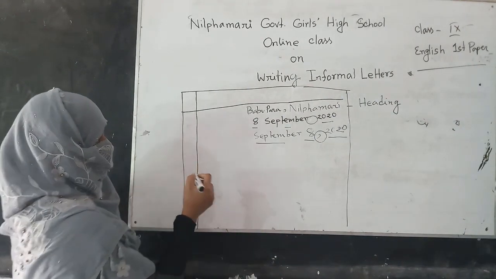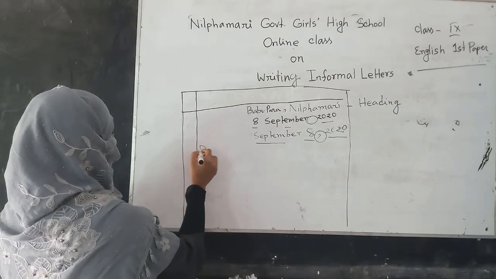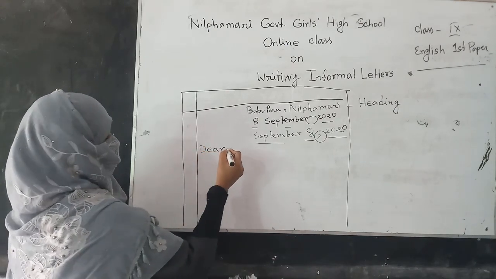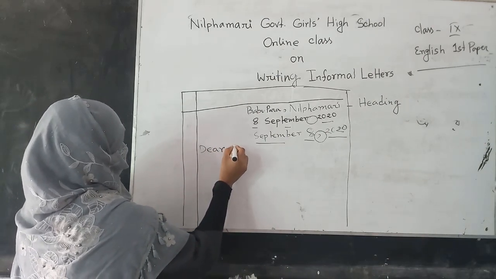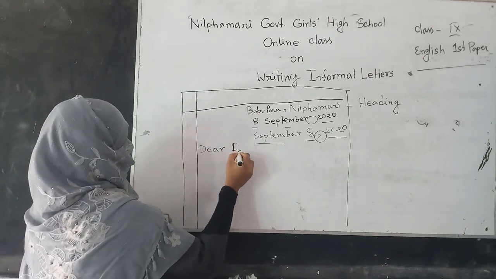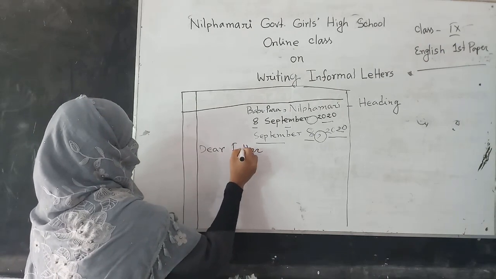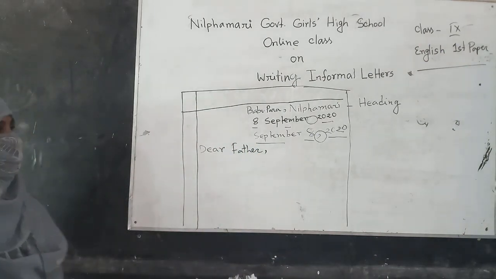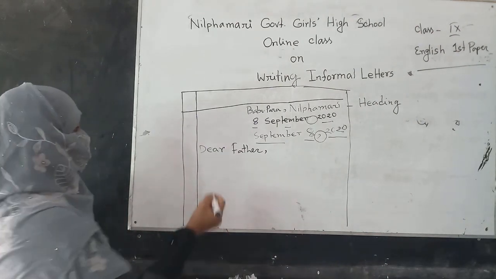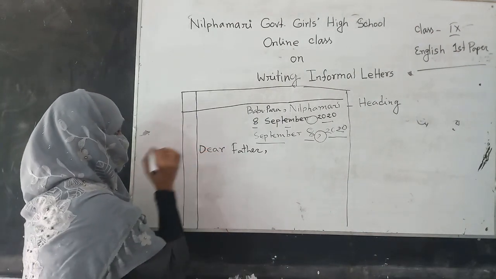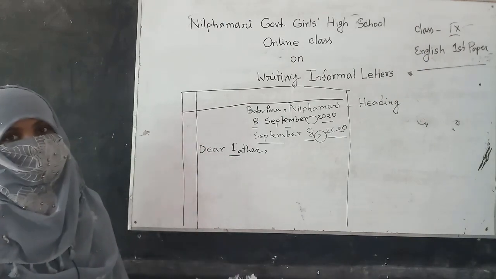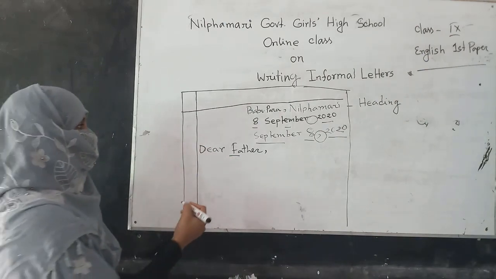Then comes greeting or salutation. Dear Father. Here you also make mistakes. You write dear with a capital letter, but sometimes you write father, mother, or the name of your friend in a small letter.